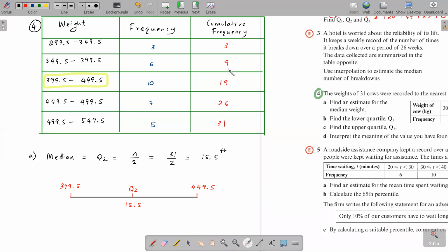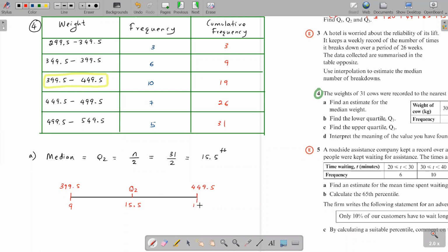That is the place where the 399.5 term ends. So over here, you will mark the cumulative frequency as 9. The cumulative frequency lower than 15.5 is 9 from the table, and the other one which passes 15.5 and corresponds to 449.5 is 19.